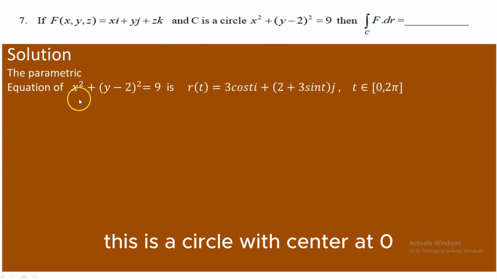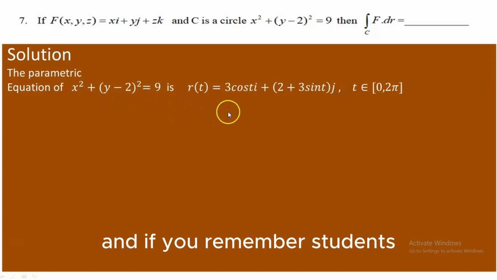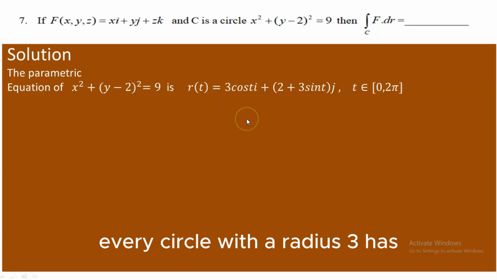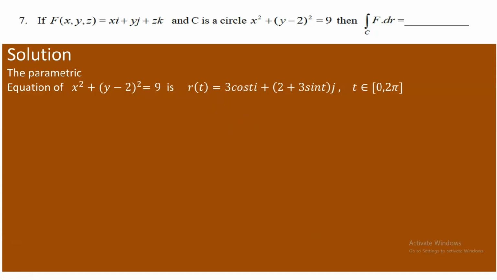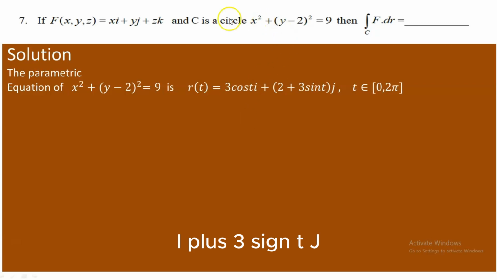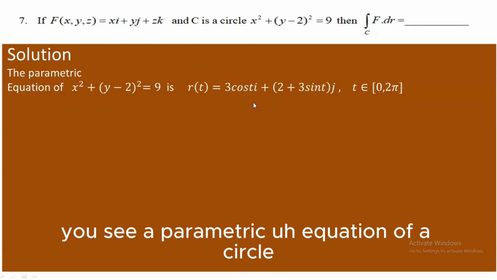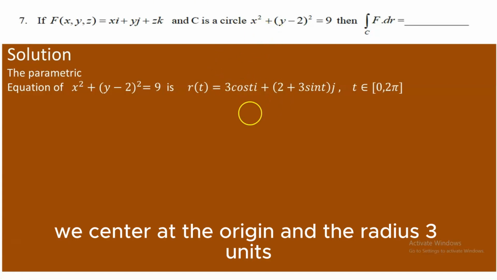So as you know, this is a circle with center at (0, 2) and radius 3. If you remember, students, every circle with radius 3 having its center at the origin has the equation r of t equal to 3 cos t i plus 3 sin t j. This represents the parametric equation of a circle with center at the origin and radius 3 units.